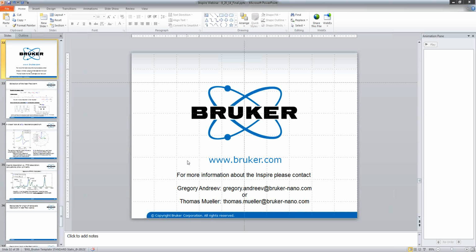Now, you don't have to be in tapping mode feedback in order to modulate the distance between the tip and the sample. You could perform a scan using PeakForce tapping to get the sample's topography, lift the tip up, and then modulate the tip up and down, which would therefore modulate the near field interaction. So it's not necessary to use tapping mode feedback.